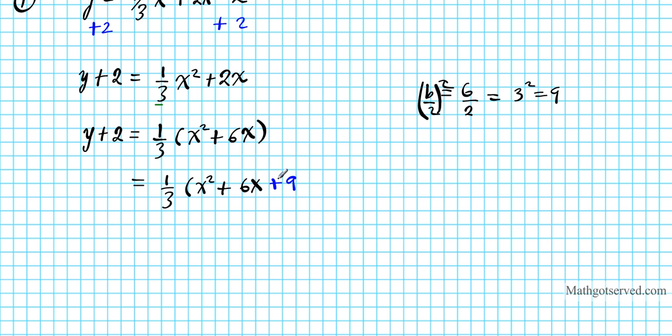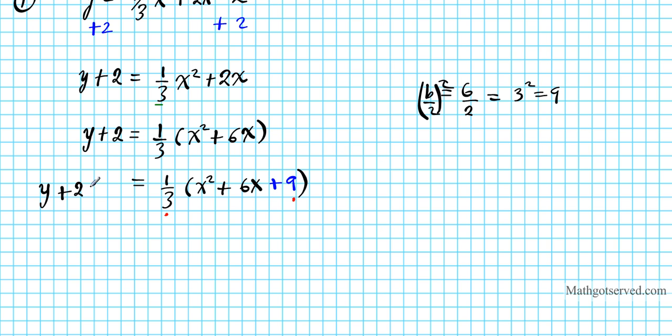If I introduce 9 to the right side of the equation, what do I introduce to the left side? So y plus 2, what do I add here? I added 9 in the parentheses. So out here, I'm going to add 1/3 times 9, because this 1/3 is going to be distributed to everything. So even though I introduced 9 in the parentheses, I introduced 1/3 times 9 on the right side.